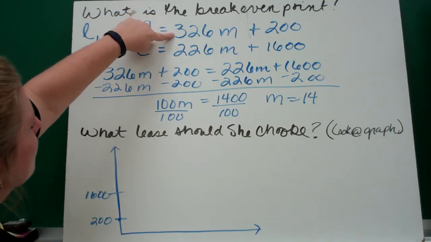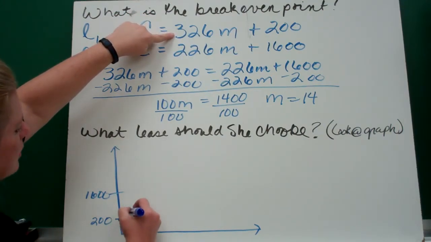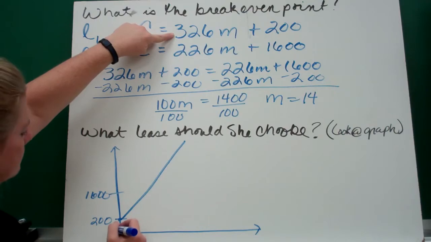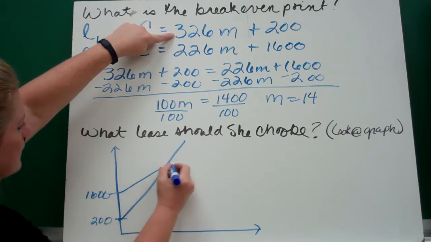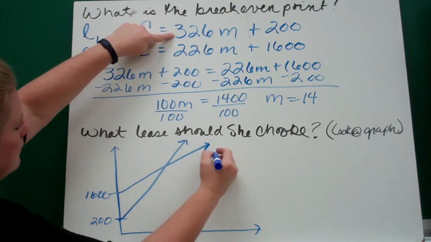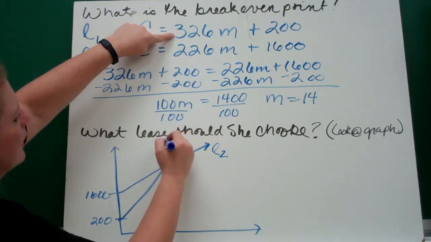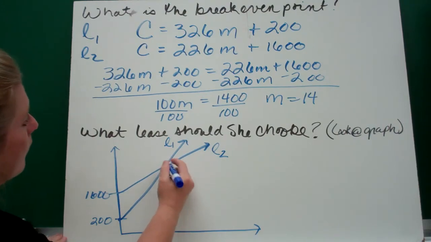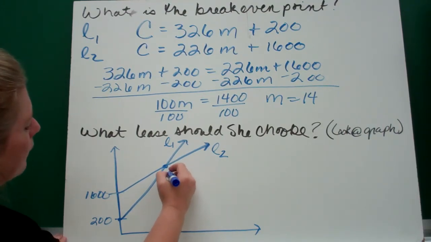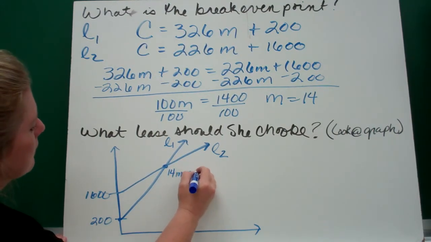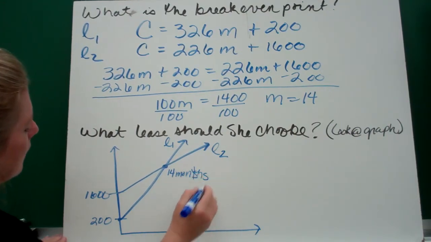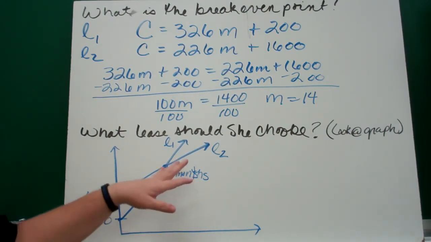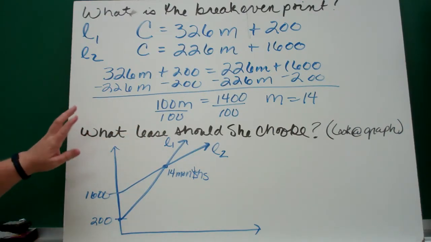But the one starting at $200 is going to increase much more rapidly than the one starting at $1,600. So here is lease 2, here is lease 1. Okay, this is the point after 14 months. Okay, what the actual cost is, we need to calculate that out if we wanted to.